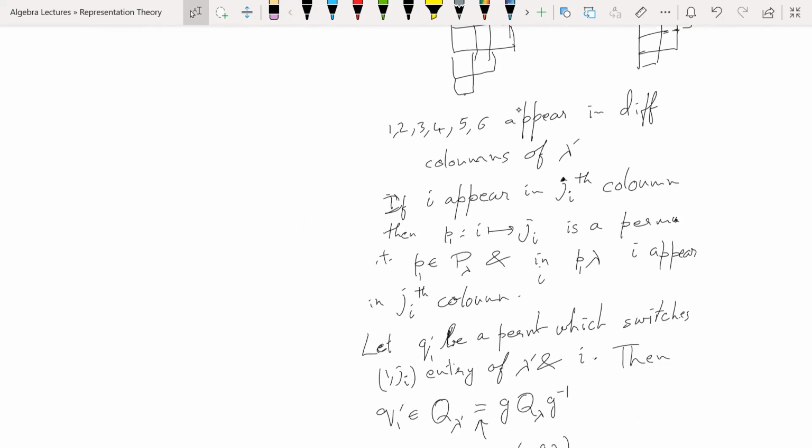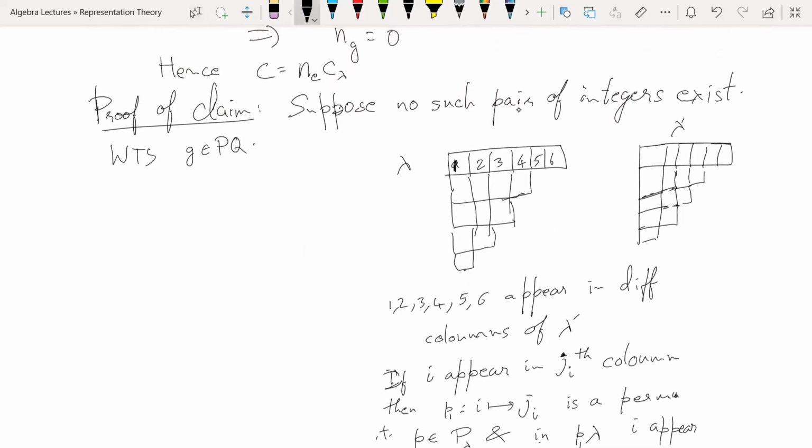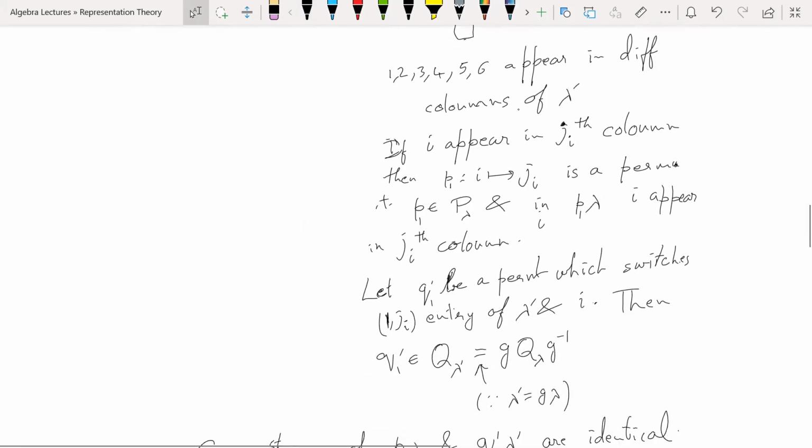So let Q_i be the permutation which switches the first row, j_i-th column entry of lambda prime and i.